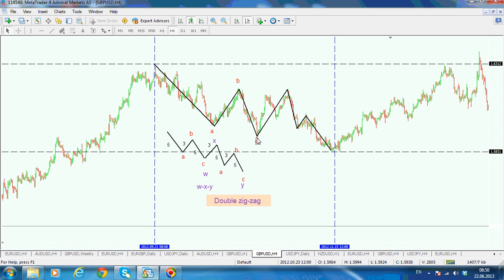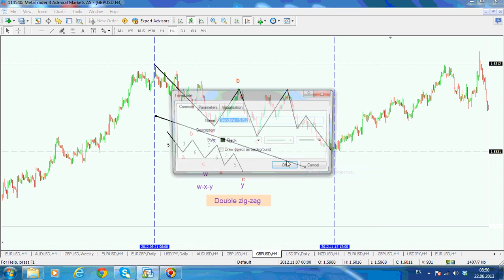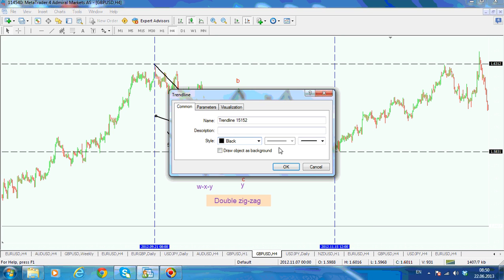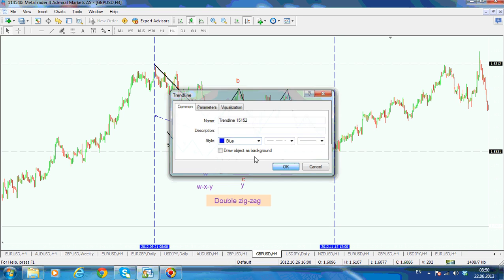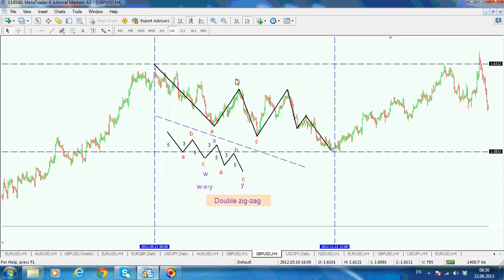So A, B, C. Let me take a trend line here so that we know that these are different. So nice A, B, C, and then an X wave.